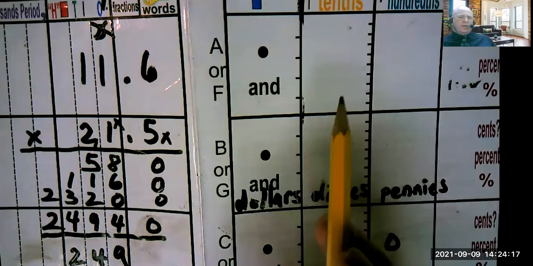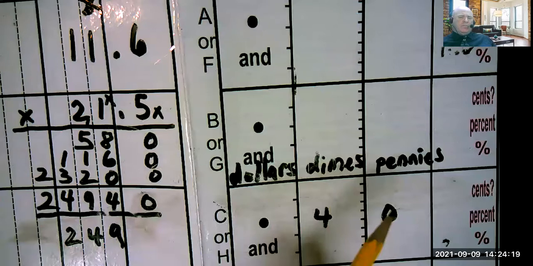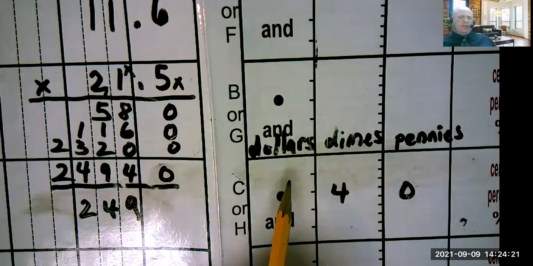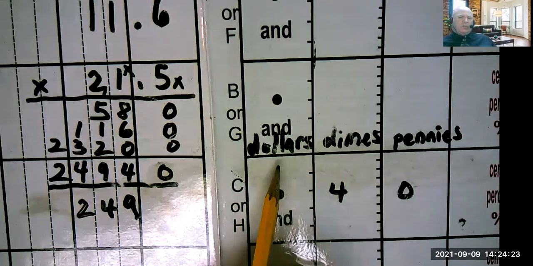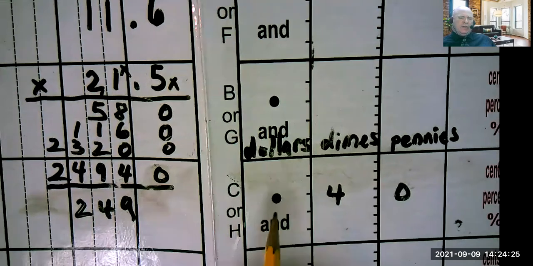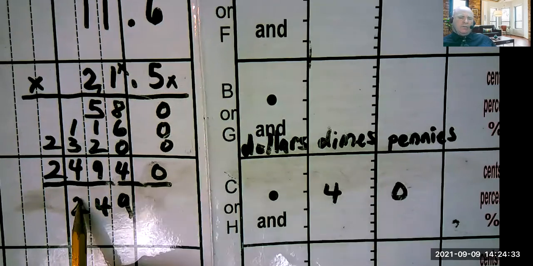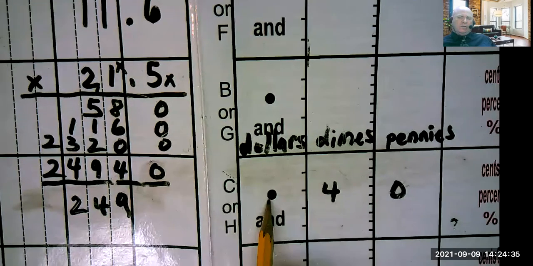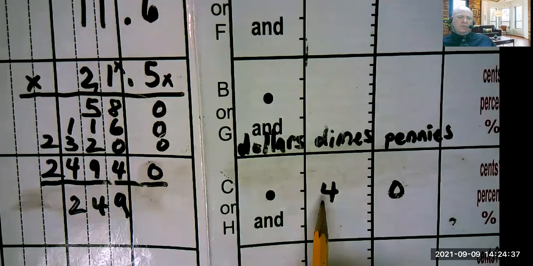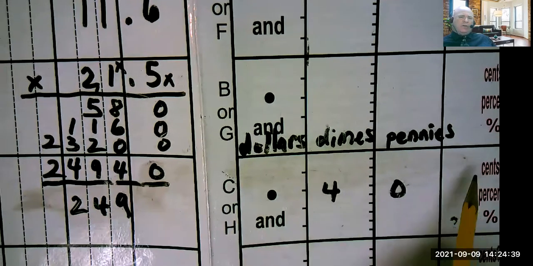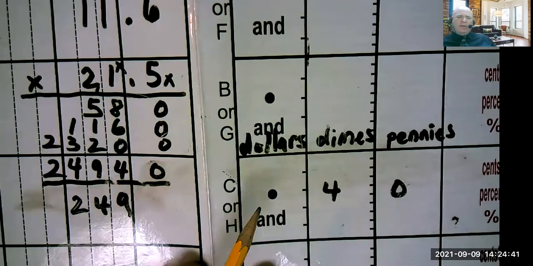But since we were talking about dollars, money, how much money they made in dollars, we've got to move the decimal to that second position. It's $249, our keyword, and 40 cents. So that's my final answer. Now, this is my mathematics chart.